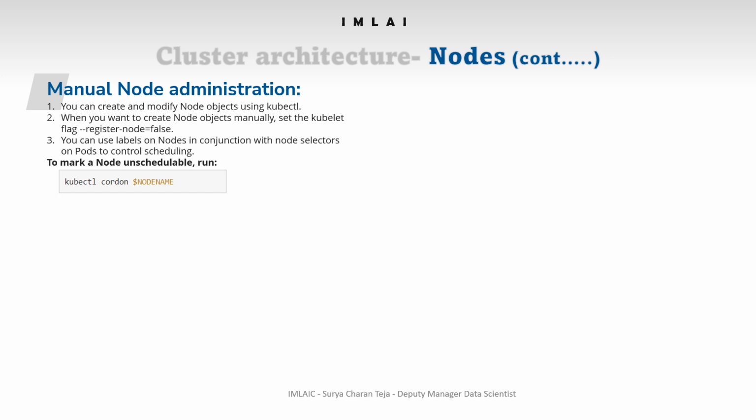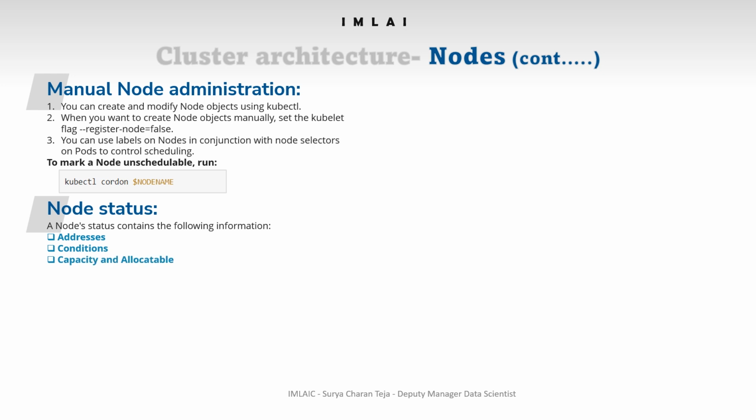Now let's look into the node status. A node's status contains the following information. One is addresses, the second one is conditions, and then capacity and allocatable info. You can use kubectl to view a node's status and other details. But how can you use that?